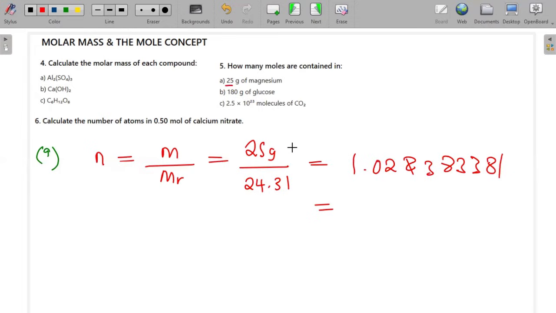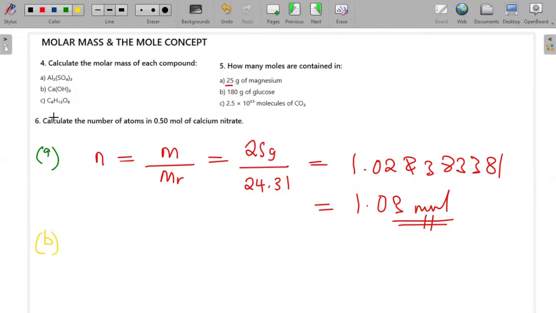But if you want, you can just round it off to 3 decimal places, or even 2. So let's do 2 decimal places: this will be 1.03, and these are moles. So that's part A.